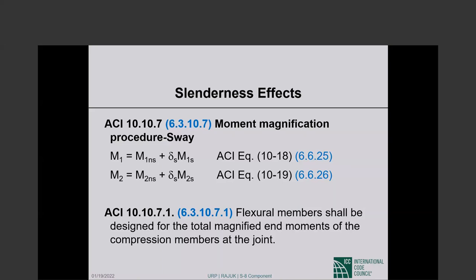appreciable side sway. Anyway, flexural members shall be designed for the total magnified end moment of the compression members at the joint. So this is not a trivial statement. If column end moment is magnified, the beam that the column is framing into also has to be designed for that magnified end moment.